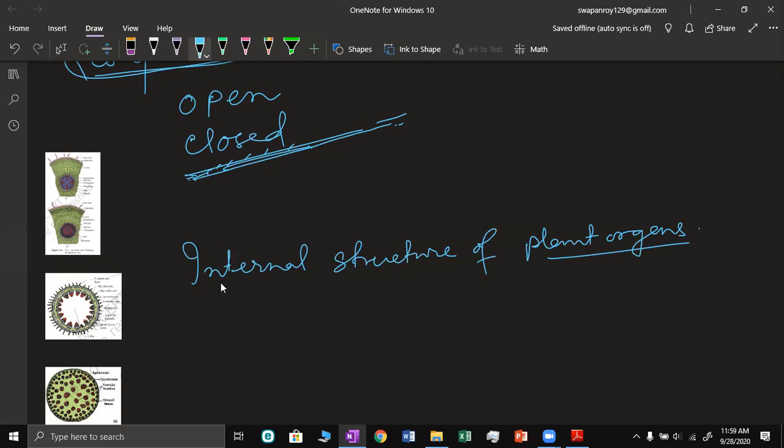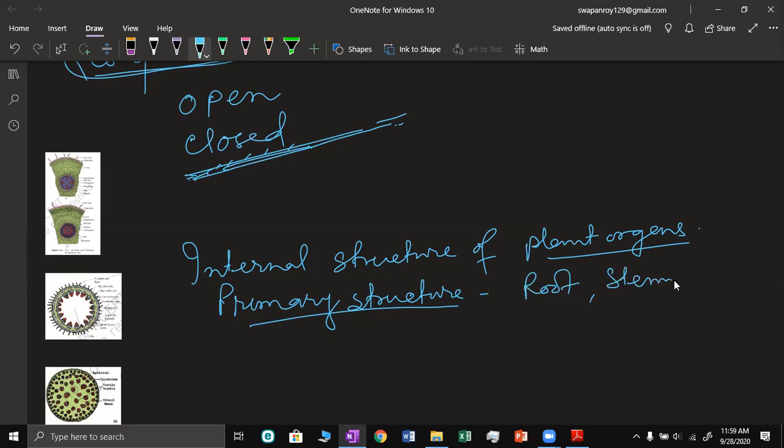Particularly, we will learn the primary structure of root, stem and leaves. Here we have to divide it into monocot and dicot. That is monocot root, dicot root, monocot stem, dicot stem, monocot leaves and dicot leaves.